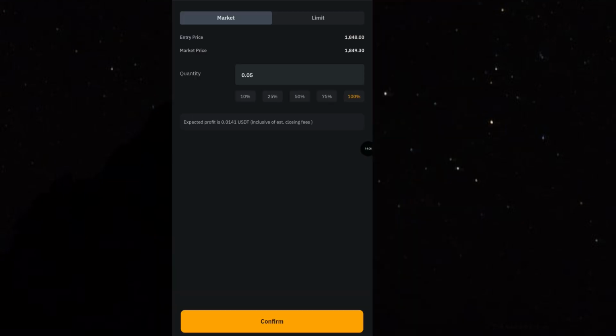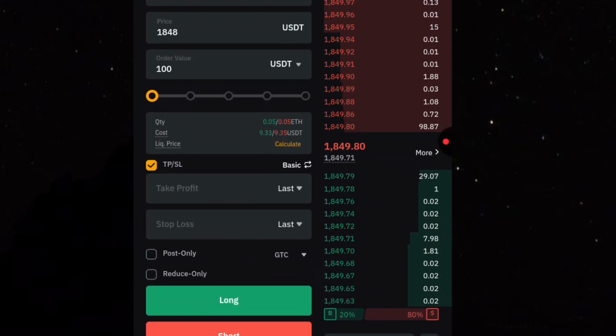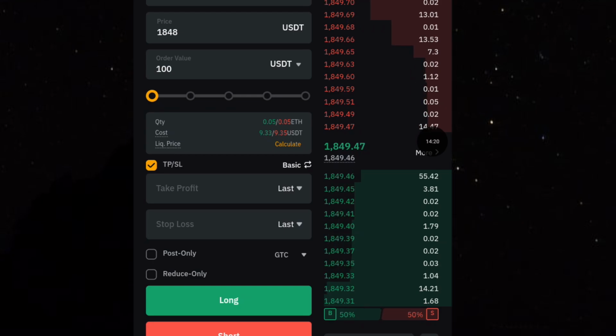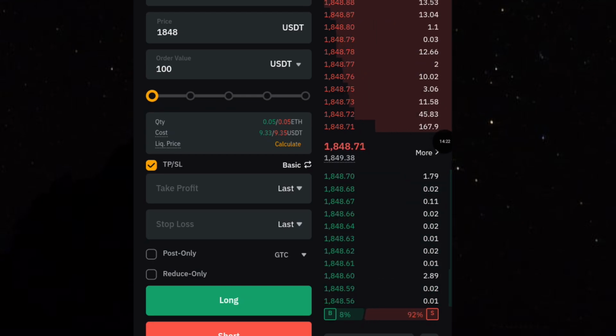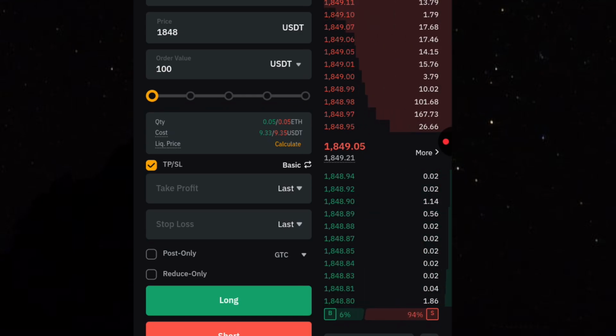So you click on close by, and then you close by confirm. So boom, we have closed the trade. All right, and if you go check it out, you can see some little USDTs would have been added to our balance. So that is how you can close trades, open trades on Bybit futures.